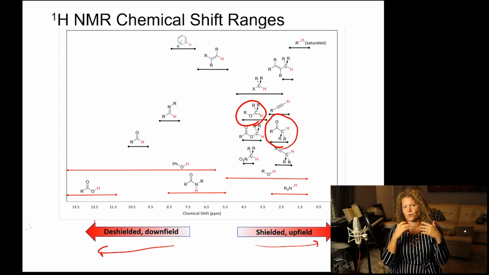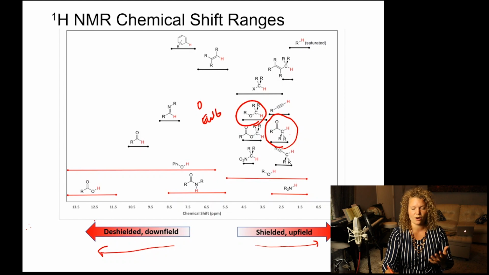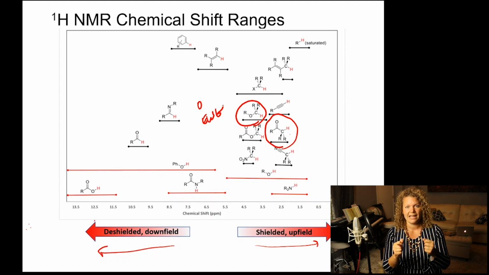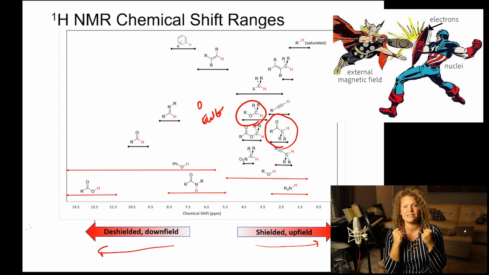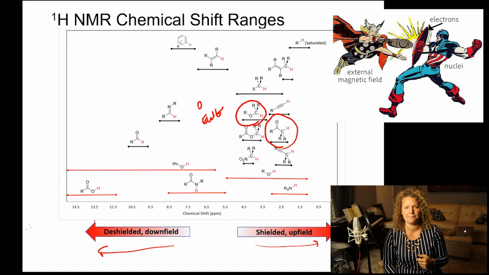This makes sense. We know oxygen is electronegative. It's an electron withdrawing group. It's going to withdraw electron density through the sigma bonds, and our proton is going to be de-shielded, so it will have a higher ppm.